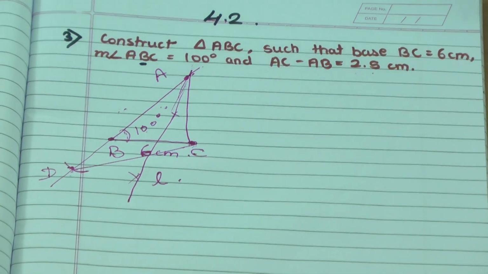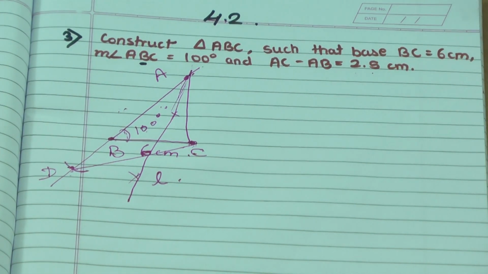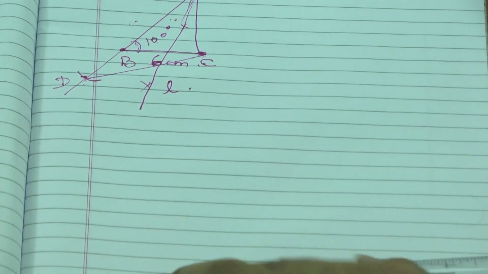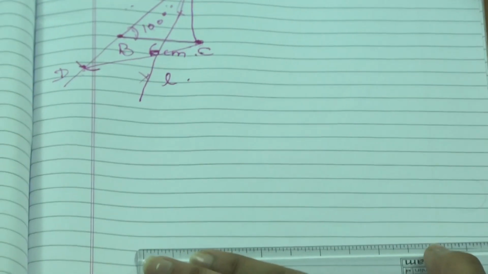So let's have the construction, children. Yes, draw a line as per the rough figure. You can see, children, clearly.